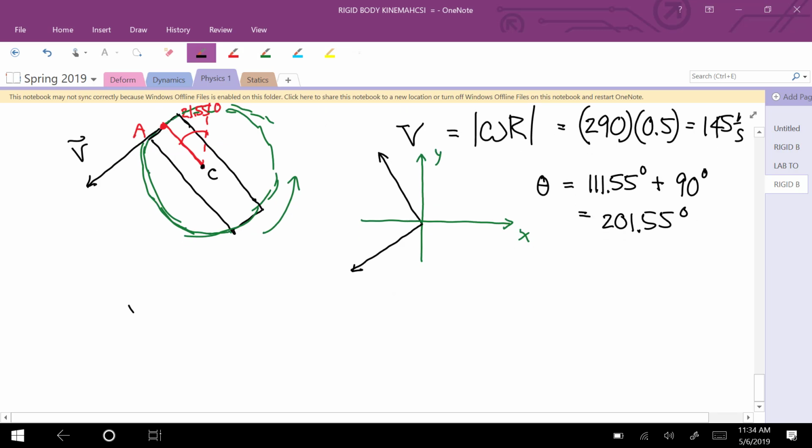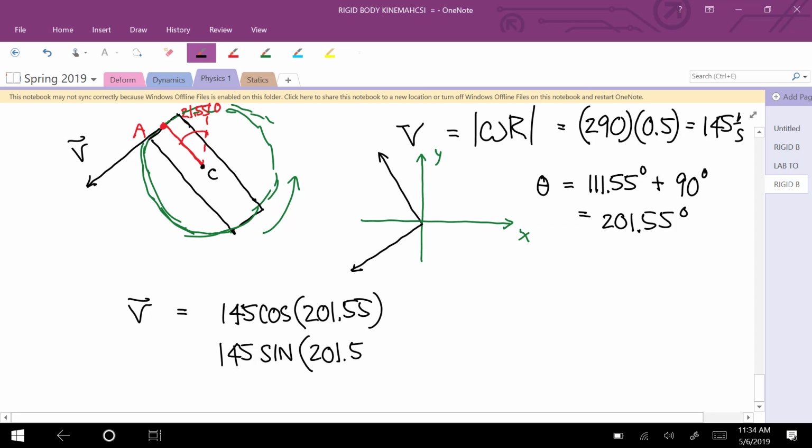And so that velocity vector is 145 times cosine of 201.55 and 145 times the sine of the angle 201.55. Can someone calculate those two components?